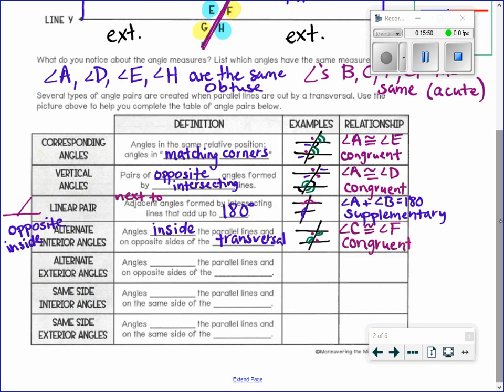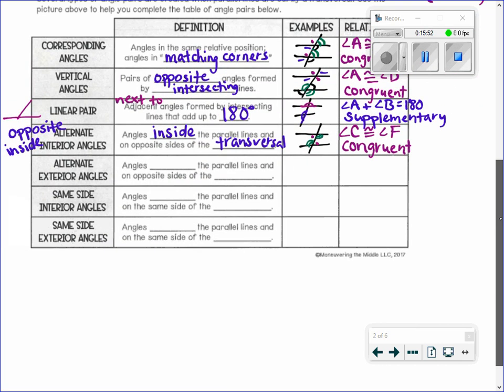Alright, so the next one is alternate exterior angles. So it's the same thing, opposite, but instead of inside, it's what? Instead of inside, it's outside. Opposite on the outside. So they're angles outside the parallel lines and opposite the transversal.